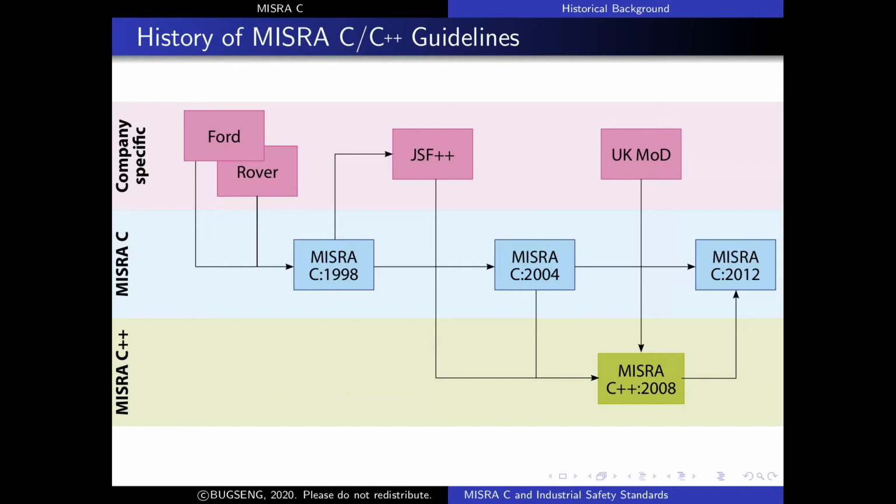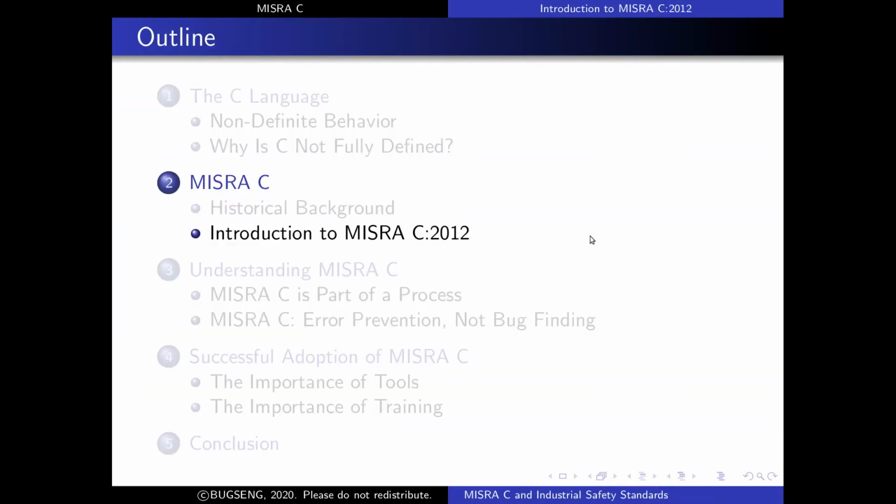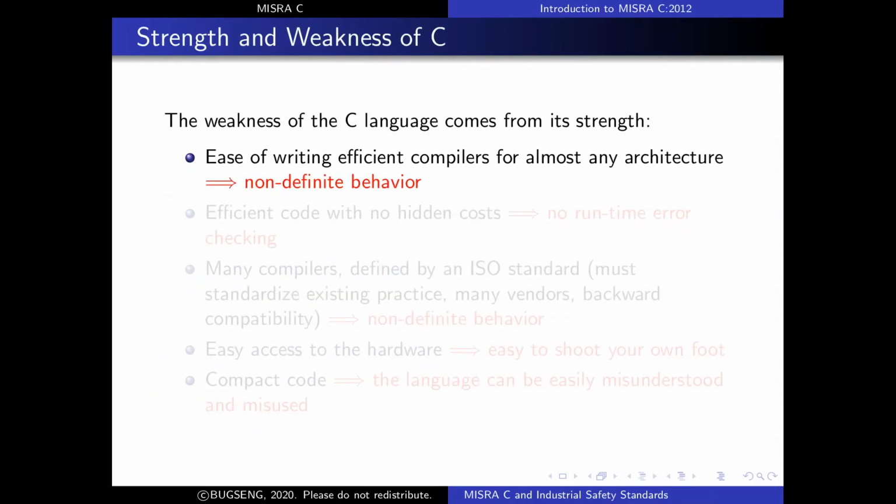This resulted in MISRA C 1998, and MISRA C pretty much influenced all the coding standards that have been developed afterwards, for example, JSF, another proprietary coding standard for C++ by Lockheed Martin, and of course it influenced all the subsequent versions of MISRA C. Okay, so let's introduce MISRA C 2012, the latest revision.